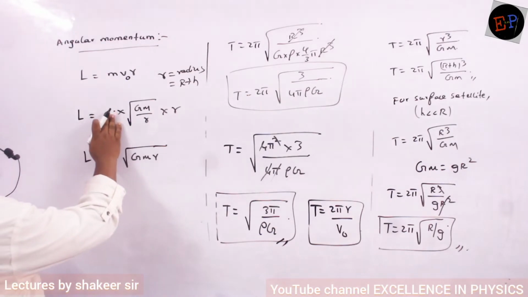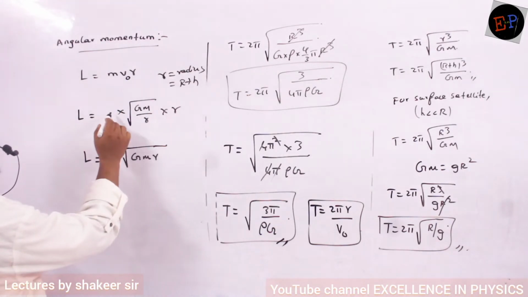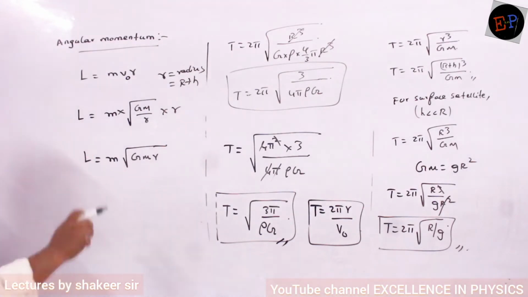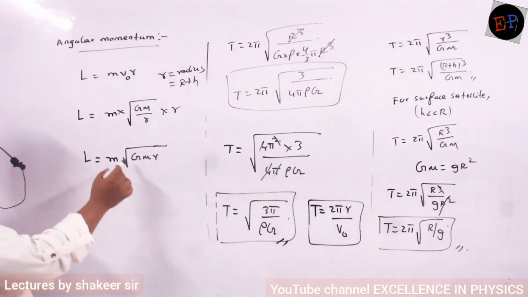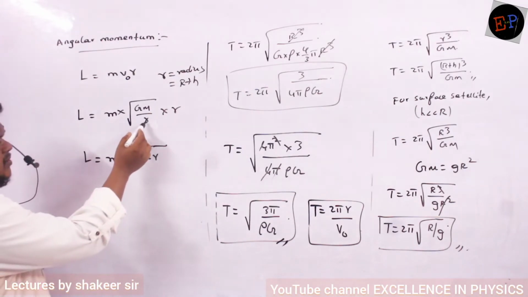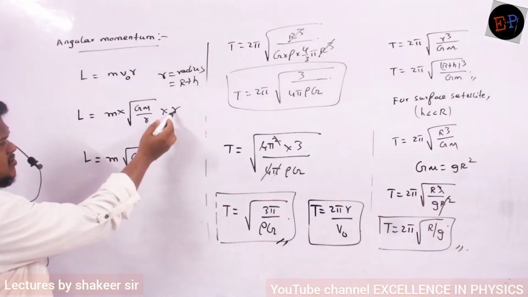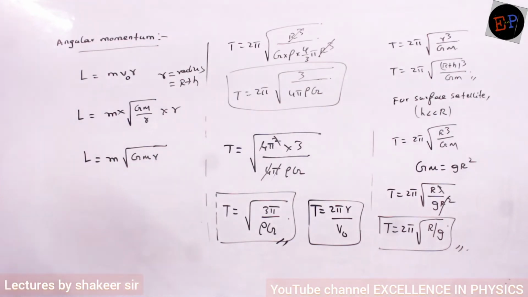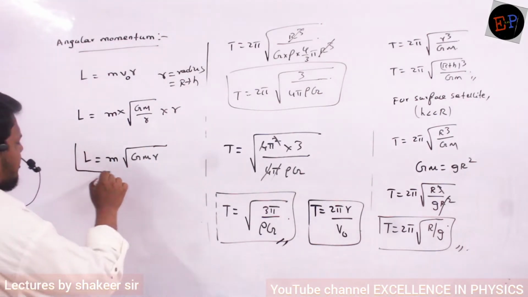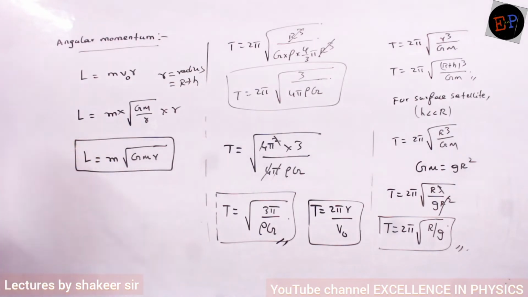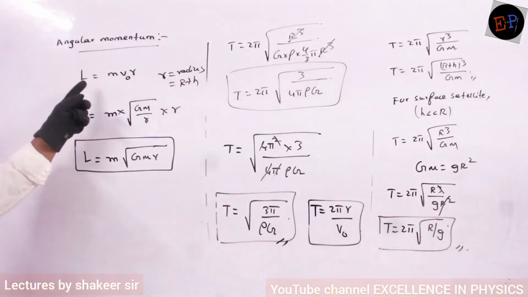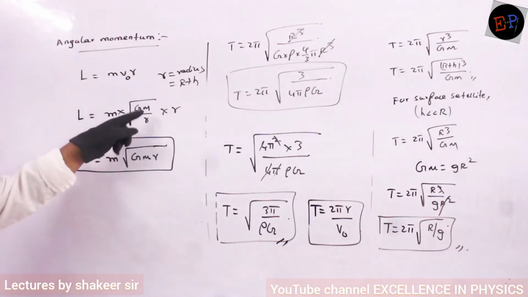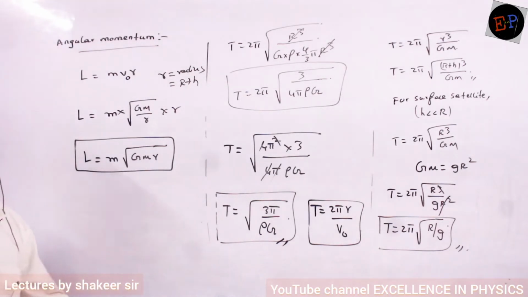And this is not capital M, this is small m, because small m is the mass of the satellite. So m into square root of GM into r. This r I can write as root r into root r. One root r, another root r get cancelled, then this is the equation which I will get. So this is the equation to calculate angular momentum of a satellite. Or you can just remember this equation, mvr. Instead of v, you substitute orbital velocity, then I will get the answer.